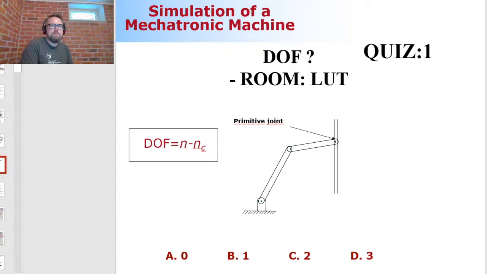Then you need to compute how many revolute joints you have. That number has to be multiplied by 2. Then you need to compute how many translational joints you have. There is no translational joint here. And then you have to compute how many primitive joints you have. Primitive joints need 1 constraint equation each.